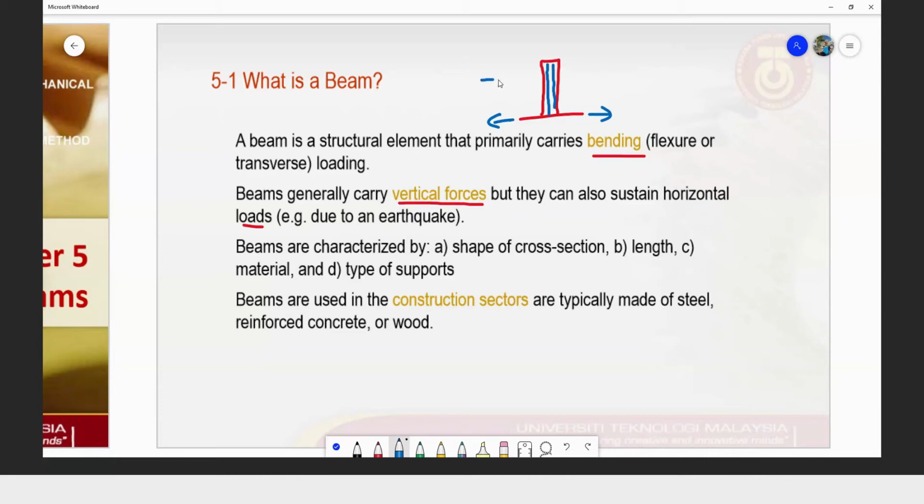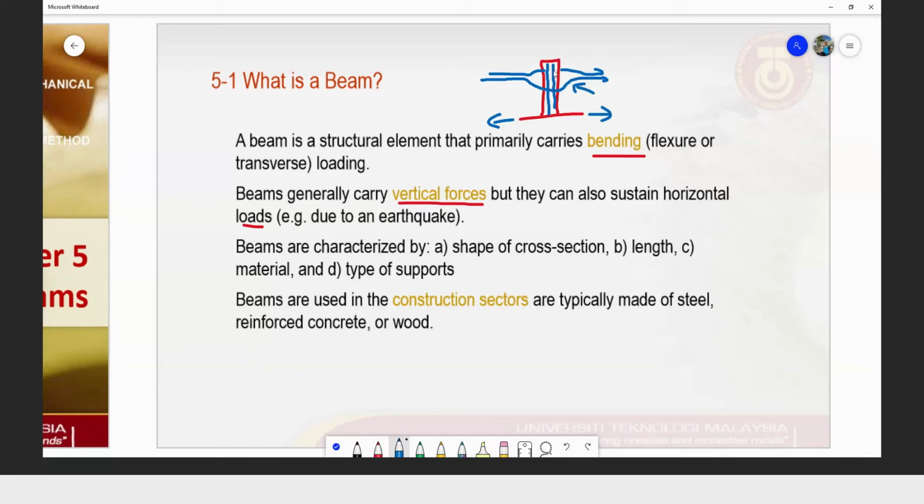So building tu dia expose kepada udara, dan udara ni dia bukan dalam satu arah aja. Hari ni pukul 1 arah sini angin, pukul 1 suku mungkin dah dalam arah lain.